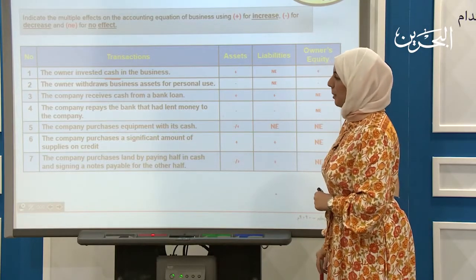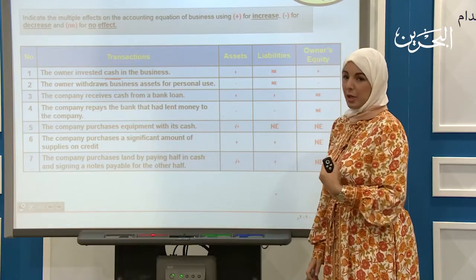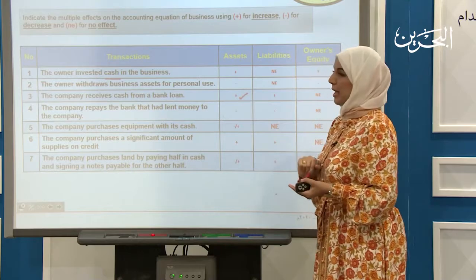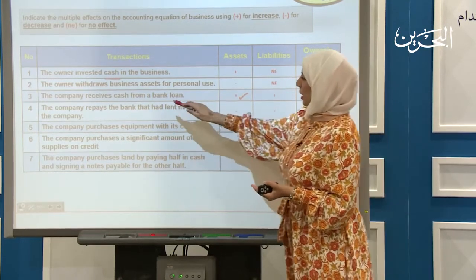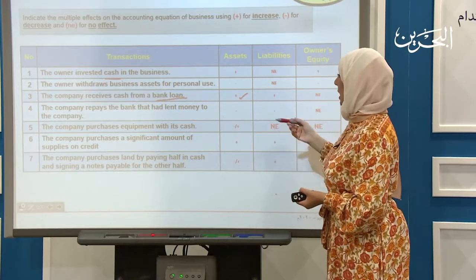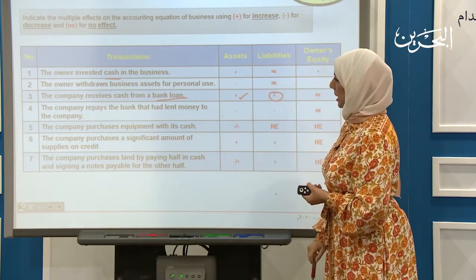The cash is a type of asset and it will be decreased. Thirdly, the company receives cash from a bank loan. If I receive cash, the cash in my company will increase, and I know the cash is a type of asset. The bank loan means I have a liability, and the liability will increase for me in my company.